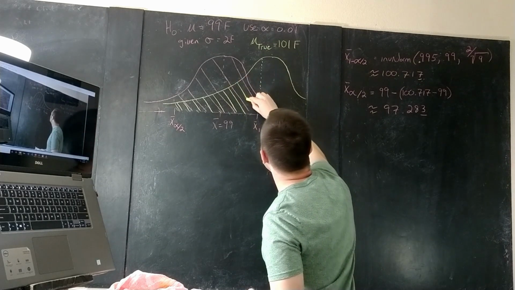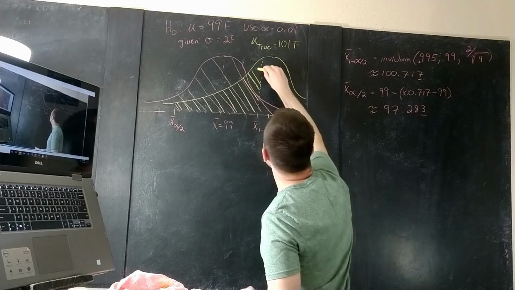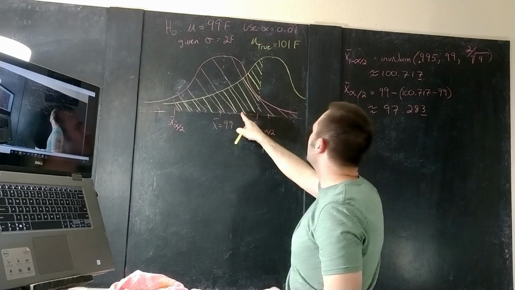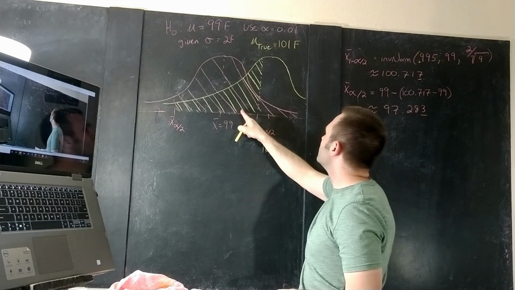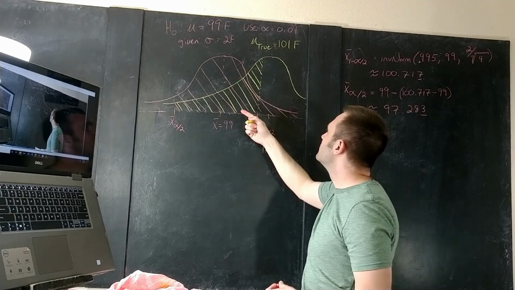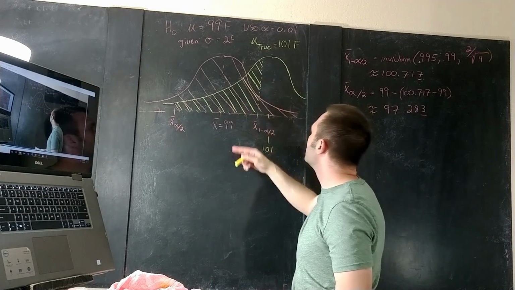And the overlap here of this probability density is the probability that this is going to occur. This is the probability of type 2 error.